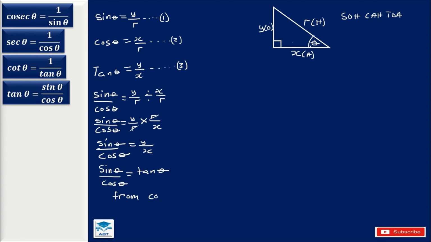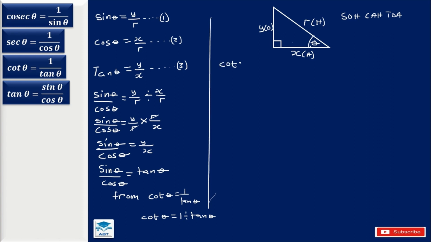So from cot theta is equal to 1 over tan theta, we can write this as cot theta is equal to 1 divided by tan theta, which is 1 divided by sine theta over cos theta.